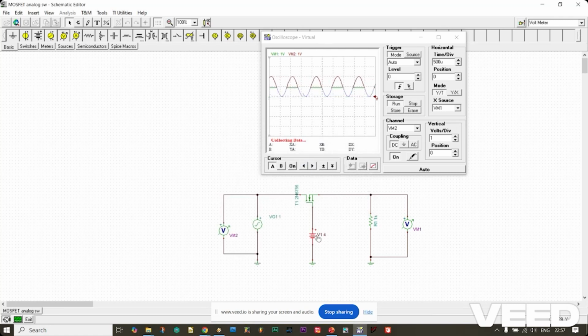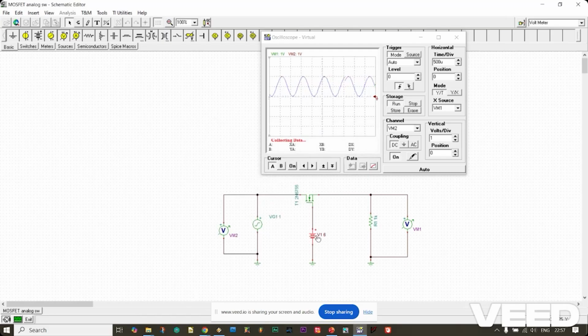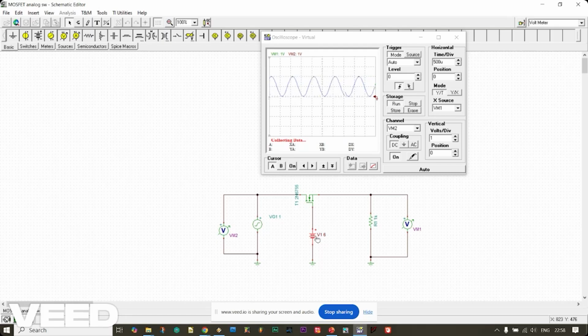Some voltage is coming. So this can be controlled from a microcontroller or an FPGA chip. Okay, so if you give 0 volt here, the switch will be turned off, and if you give 6 volt here, it will be turned on. Okay, that is the logic.